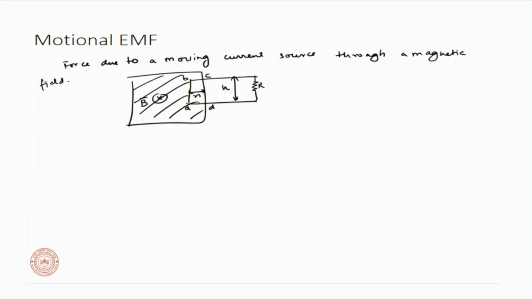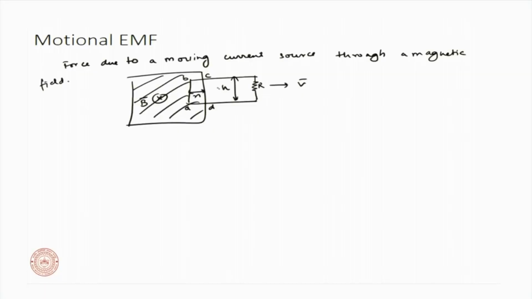We have a loop which is partially covering the magnetic field, and what we are doing is pulling the loop to the right with a velocity v. Right. So, we are dragging it. Now, what will happen on the action of dragging? It will induce a current due to the forces on the charged particles that will cause them to rotate in a clockwise direction. So, if you pull this to the right, you will induce a current in the clockwise direction.